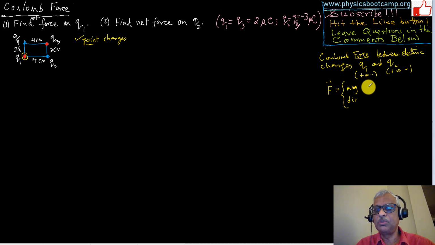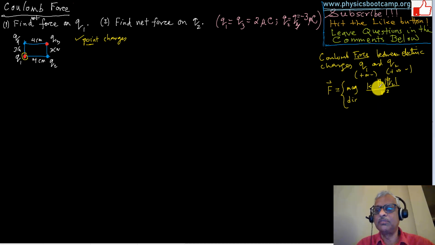So the magnitude will be a constant K, I'm going to come to it, times Q1 Q2, and then I'm going to make it absolute because it's a magnitude, so it's going to be positive, over R squared, where R is the distance between them.